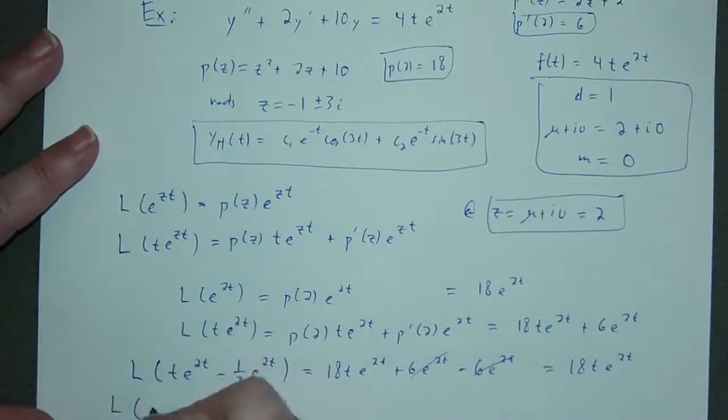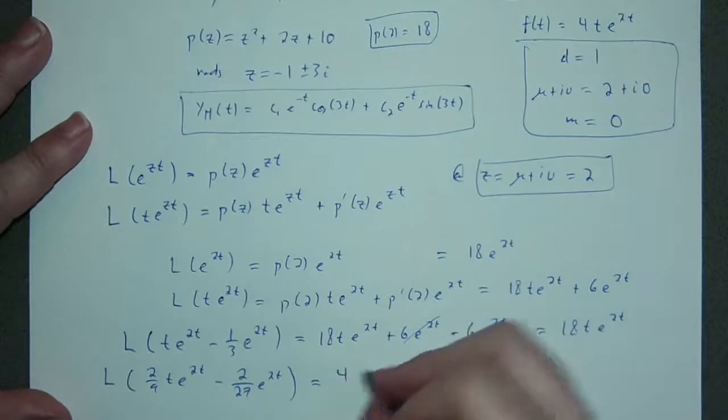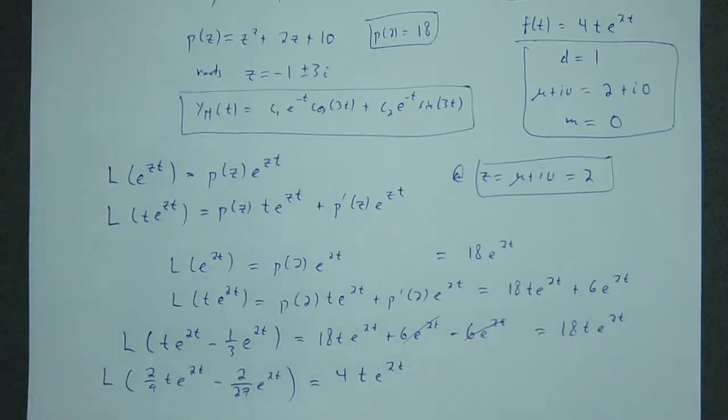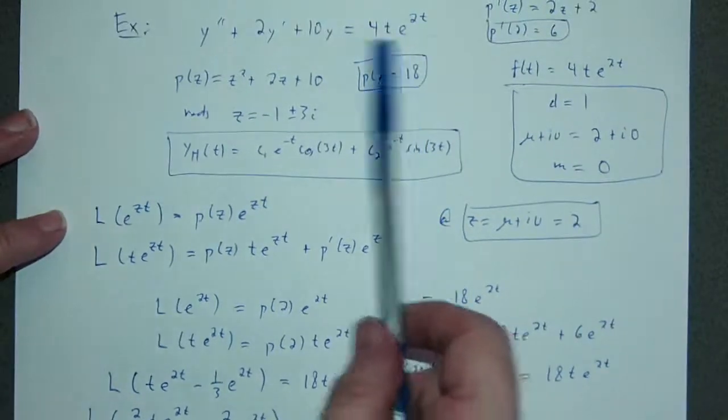So then L of 2/9 t e to the 2t minus 2 over 27 e to the 2t is equal to 4t e to the 2t. So I finally matched this up with the right-hand side here.